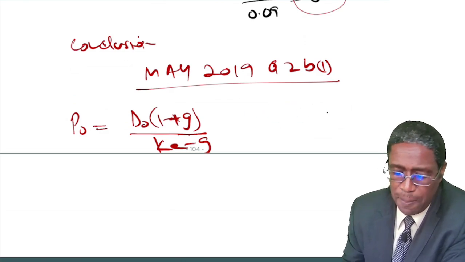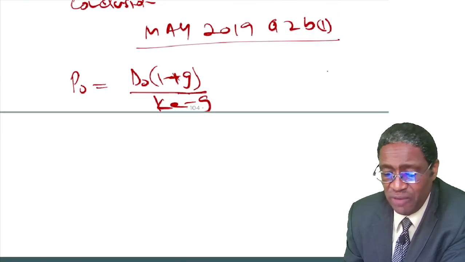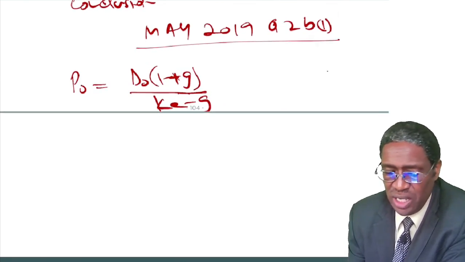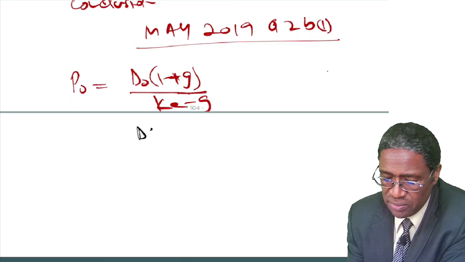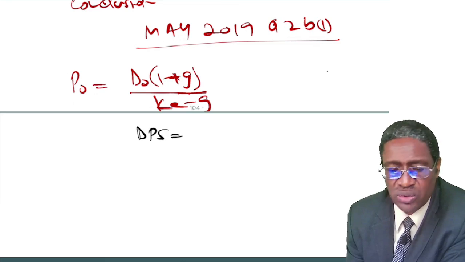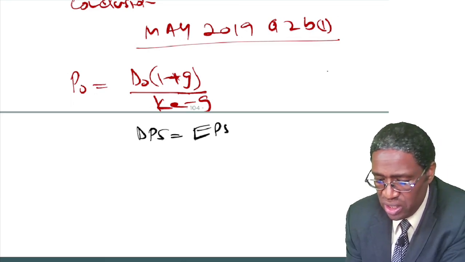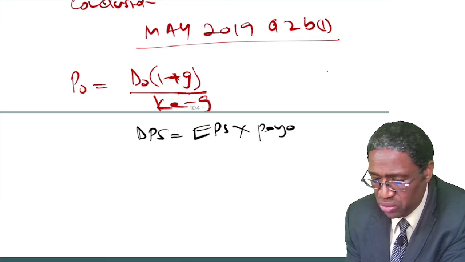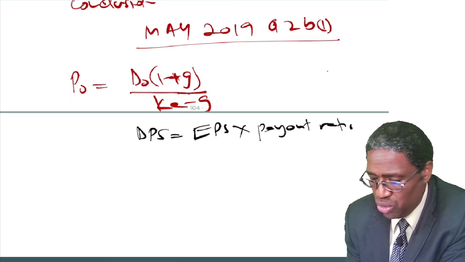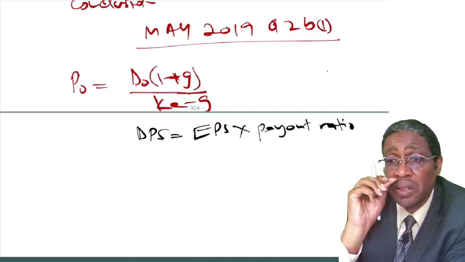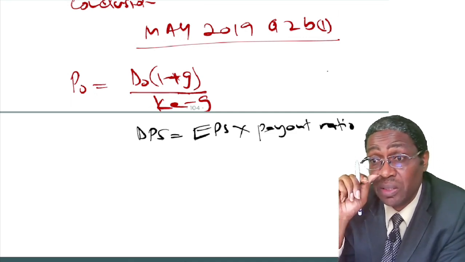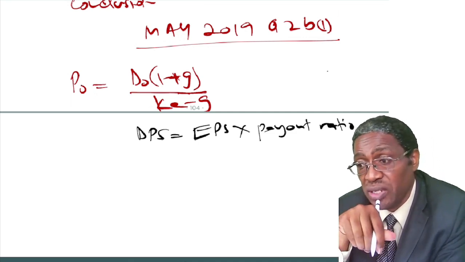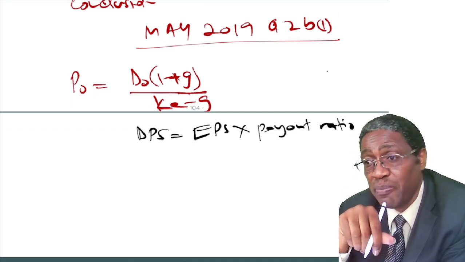Put it this way. Copy that formula first. Then you come and see here, dividend per share equals earnings per share times the payout ratio. Put down that formula. That dividend per share is given by earnings per share multiplied by the payout ratio.